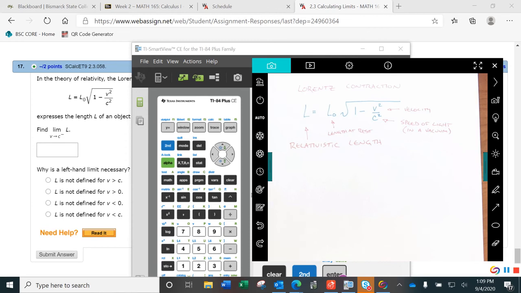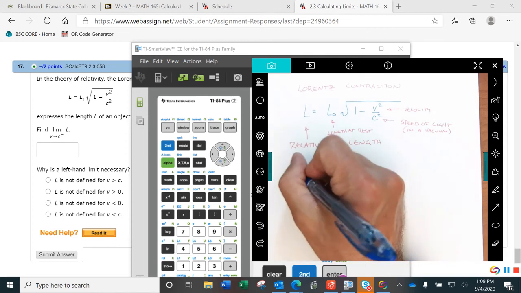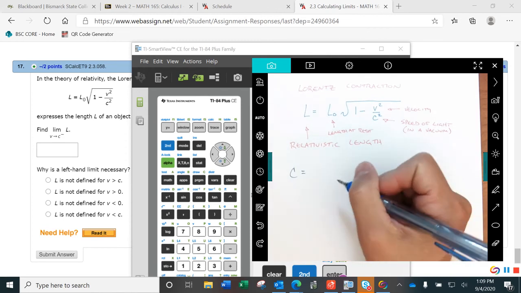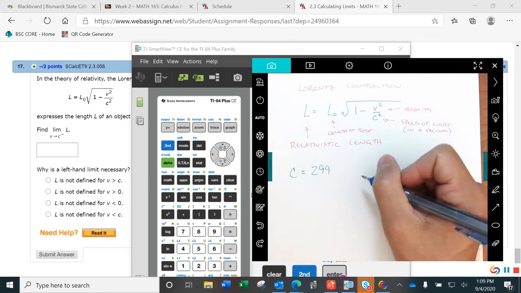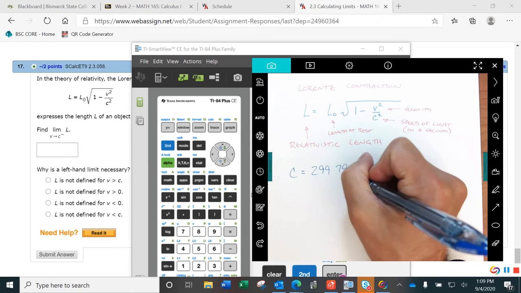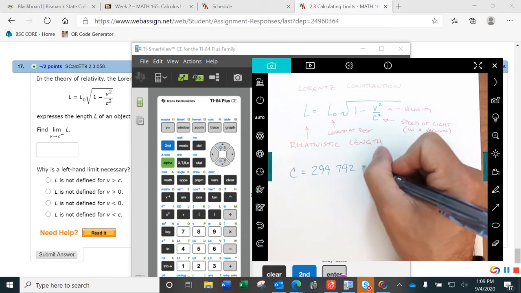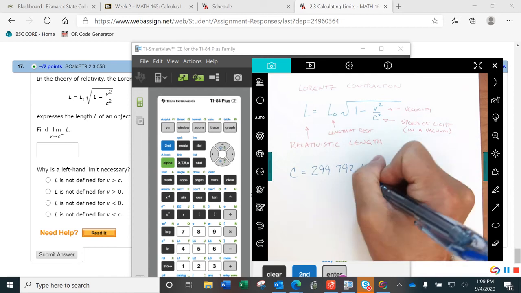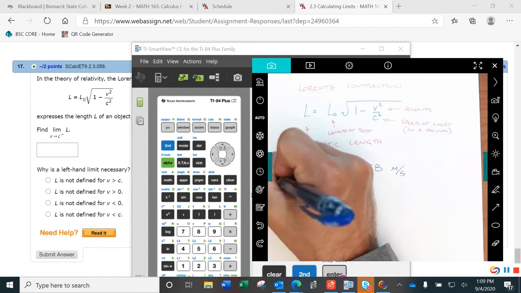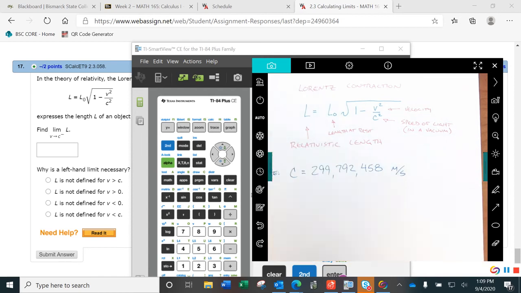And just a FYI, c, the speed of light, is 299,792,458 meters per second. I'll just put some commas in there. That's a little note. Hey, that's how fast light is.